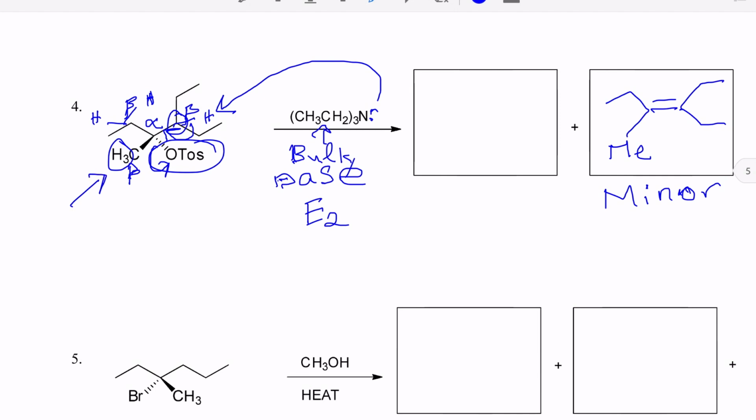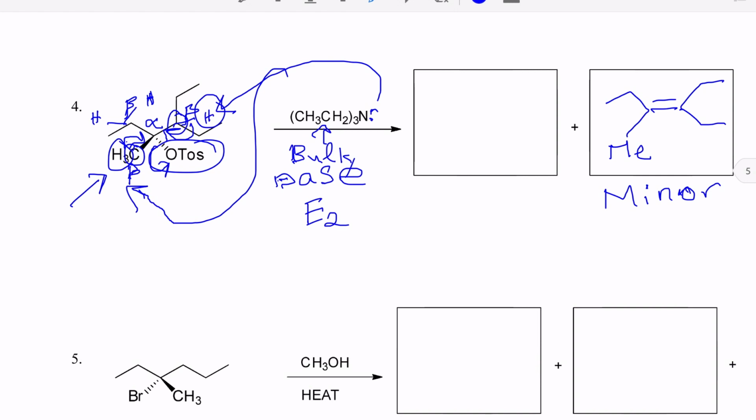So what that means for us is that instead of attacking this proton, the triethylamine actually removes a proton from this methyl group. And that causes a migration of electrons from that original CH bond to the CC bond between that carbon and the alpha carbon. So it forms a new double bond.